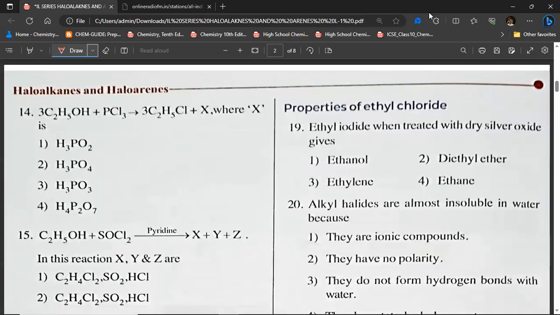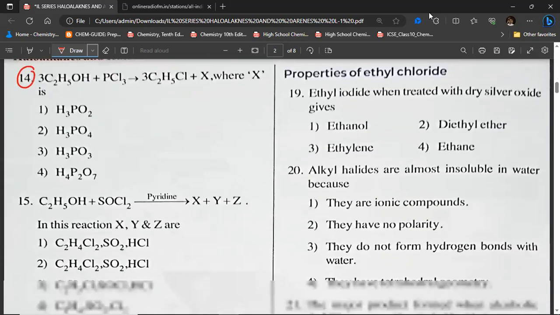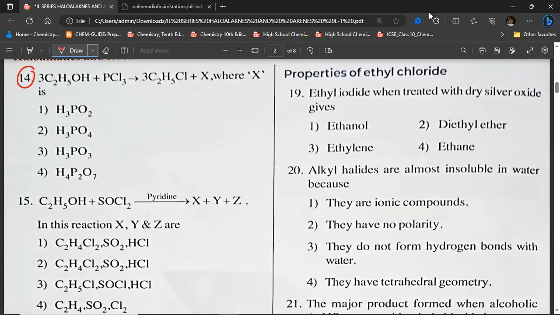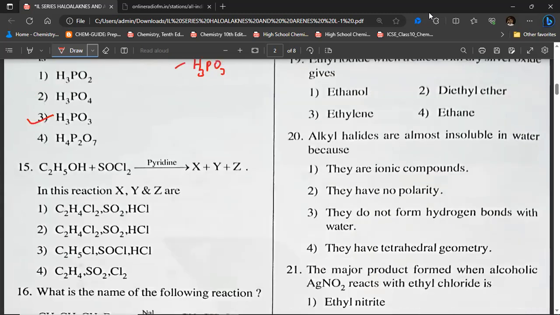Next, question number 14, that is ethyl alcohol, 3 moles, and PCl3. Obviously we get 3 moles of ethyl chloride with the formation of phosphorus acid, that is orthophosphorus acid, H3PO3, in the equation. So for the 14th question, orthophosphorus acid, H3PO3, is the right answer.